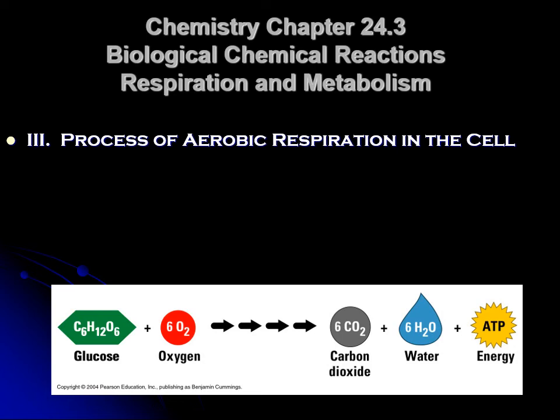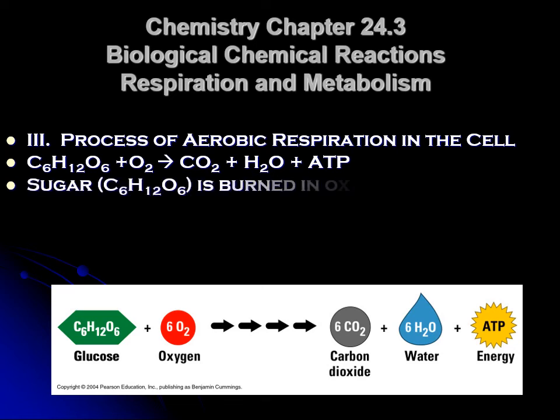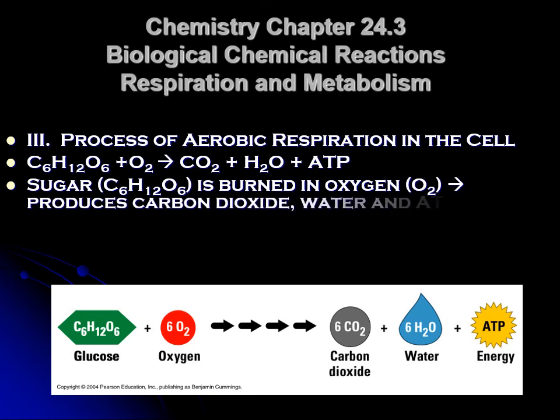We're going to burn those in the presence of oxygen like a candle burning in order to produce energy. This is the process of aerobic respiration, when we have enough oxygen present. So here's the formula, C6H12O6, the glucose, plus the oxygen produces carbon dioxide and water, and it releases ATP. So sugar is burned in oxygen, produces carbon dioxide and water.